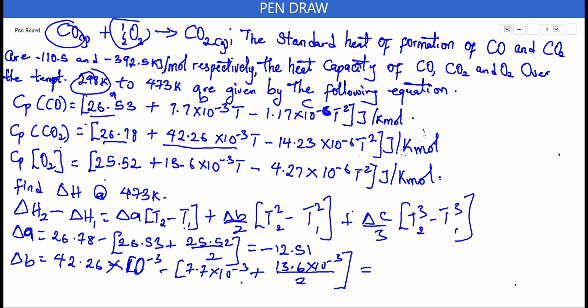So what we have here is actually 27.76, then multiplied by 10 raised to power minus 3. You can see what I just did here is take their first numbers. The reason is because the 10 raised to power minus 3 is similar in everything, so I can just take that out and then work with what we have at the front.